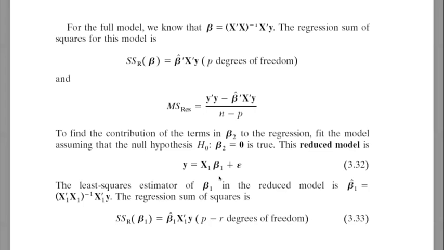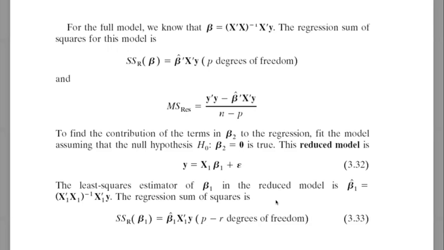In fact, it's denoted by beta 1 hat, and it's equal to the product of the inverse of x1 prime times x1, times x1 prime y. So x1 prime times x1, quantity inverse, times x1 prime y. I think I said that correctly.